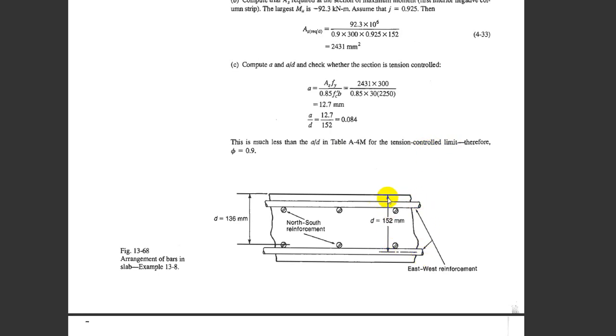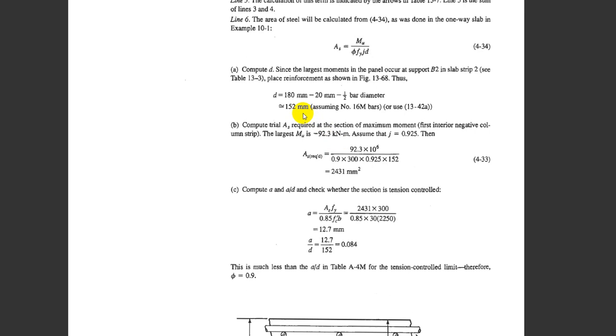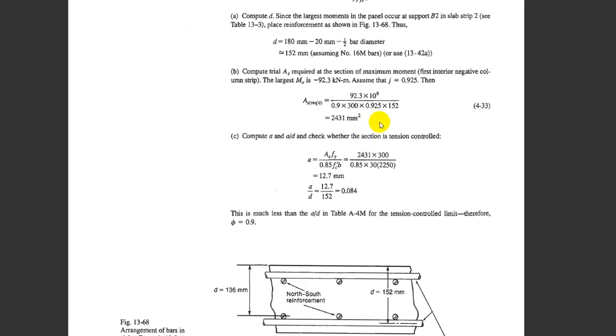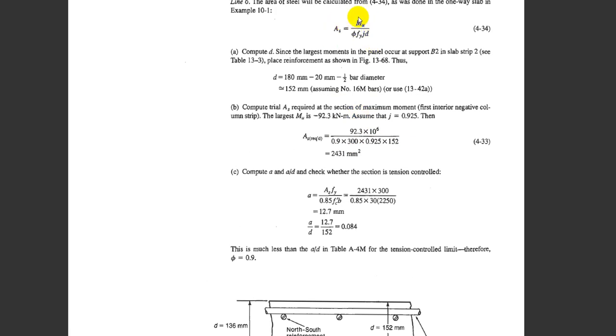The effective depth was 152, from the top of the section to the center of the rebars. This is the east-west direction. We calculate right there. So we use this d and this formula right here, and we get the rebar area very quickly.